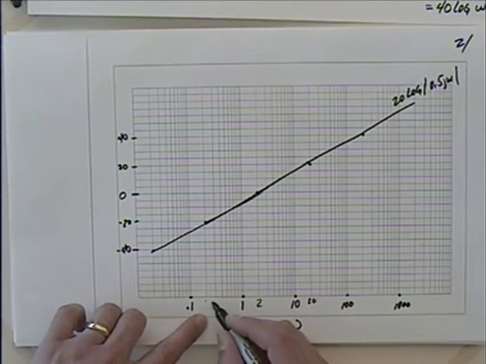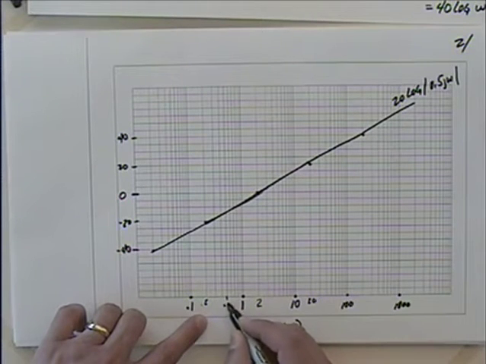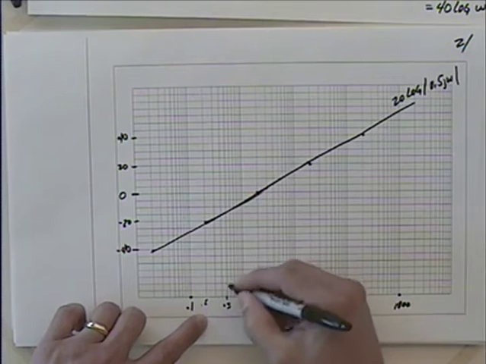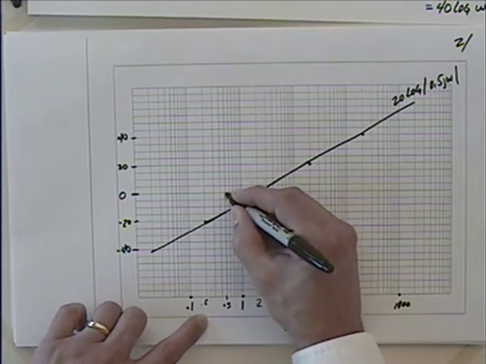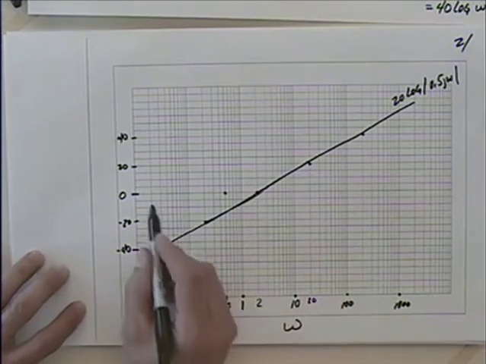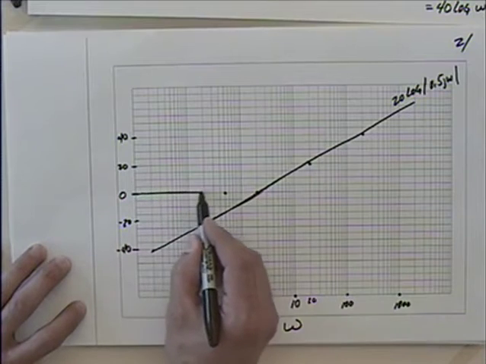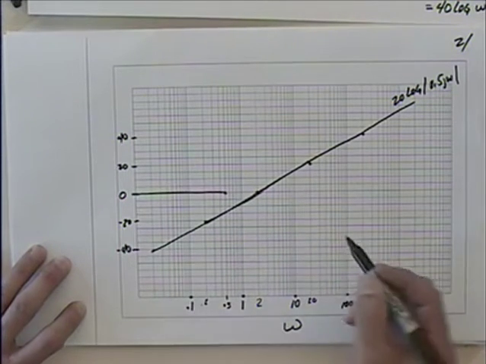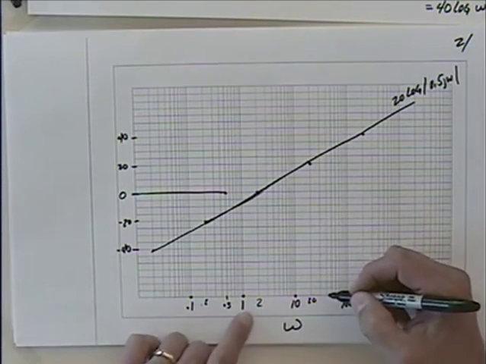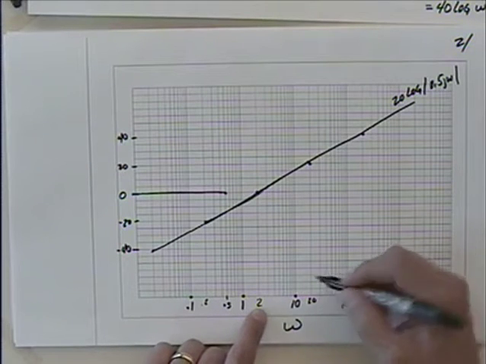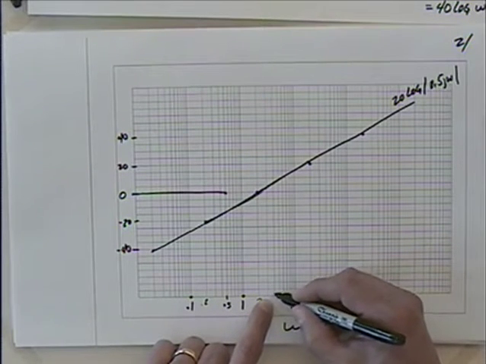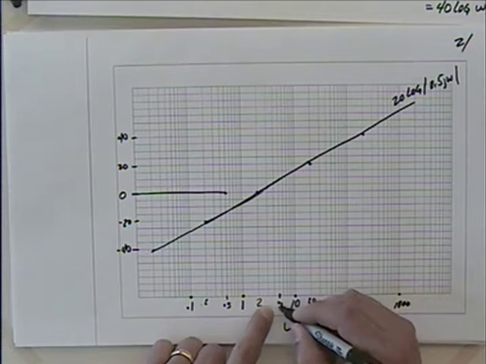There's 0.2, 0.3, 0.4, 0.5. So we're going to go 0, and then it turns down. So at 5, there's 5.